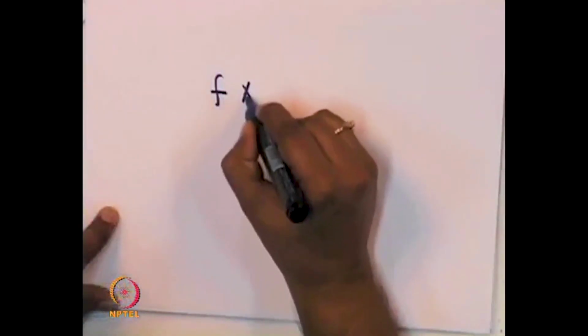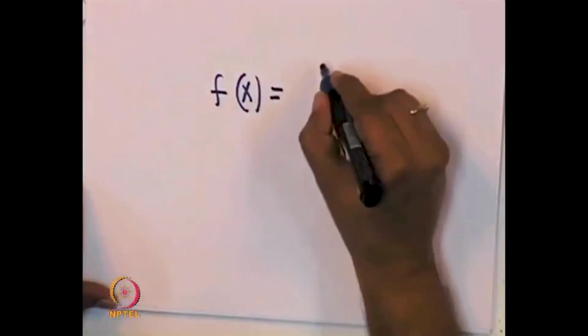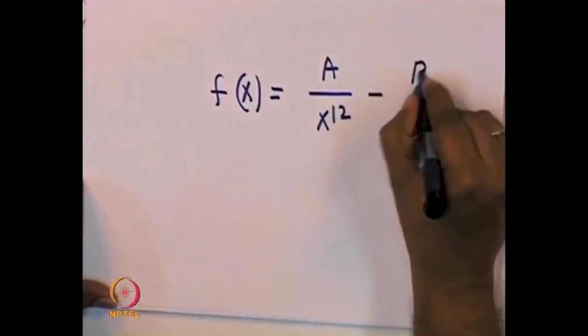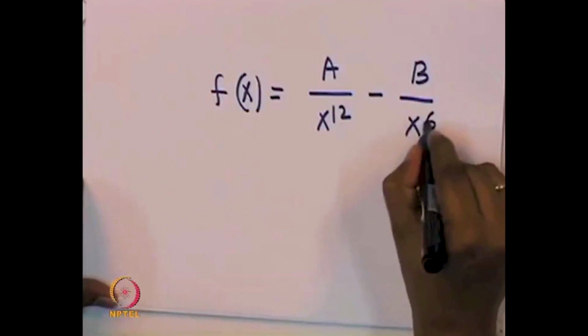The example I am going to use is a function which is very well known in various fields, and this function basically describes the interaction between two atoms. This is called the Lennard-Jones potential. The function I am going to describe is f of x equals a by x power 12 minus b by x power 6.